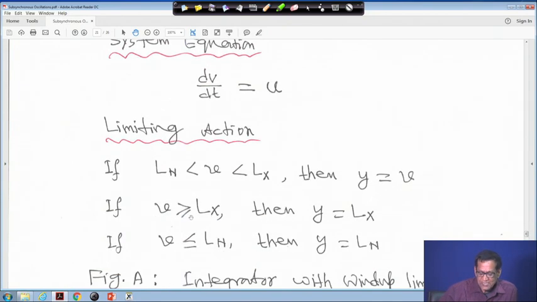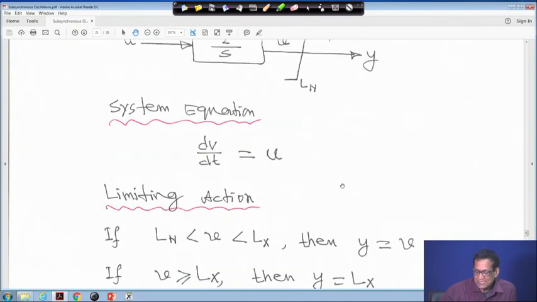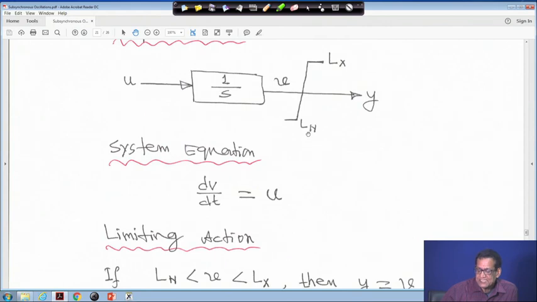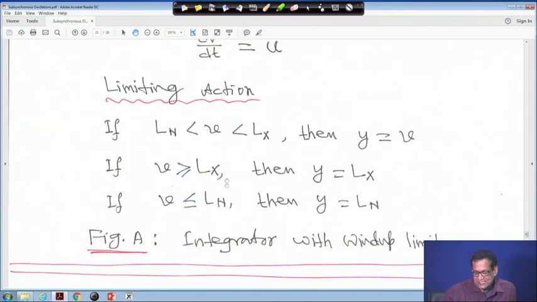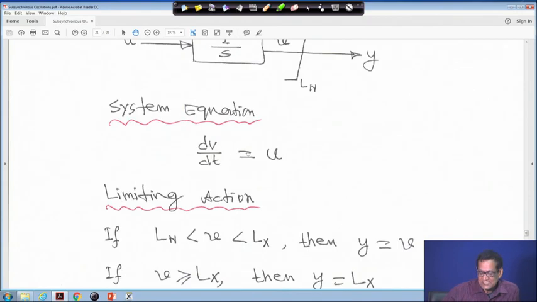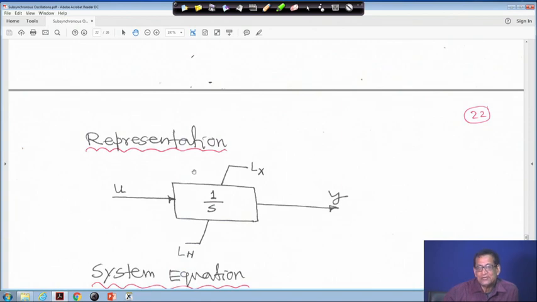Now, if V is greater than Lx, you set y equal to Lx, and if V is less than or equal to Ln, you set y equal to Ln. So, this is the limiting action, and this is figure A, the integrator with Windup limits. Next is the representation of non-Windup limits.